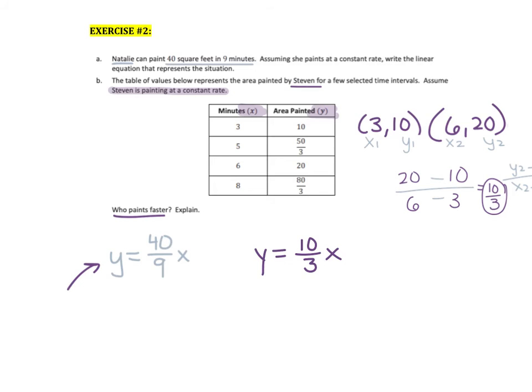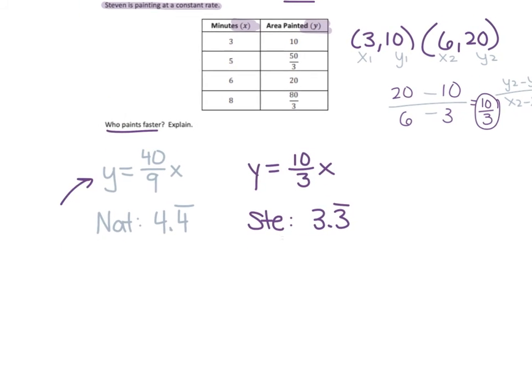Now it's going to be helpful for us to convert these to decimals. So Natalie was 4.4 repeating, and Stephen is 3.3 repeating. Natalie is the faster painter because she covers more area, and I will subtract them.